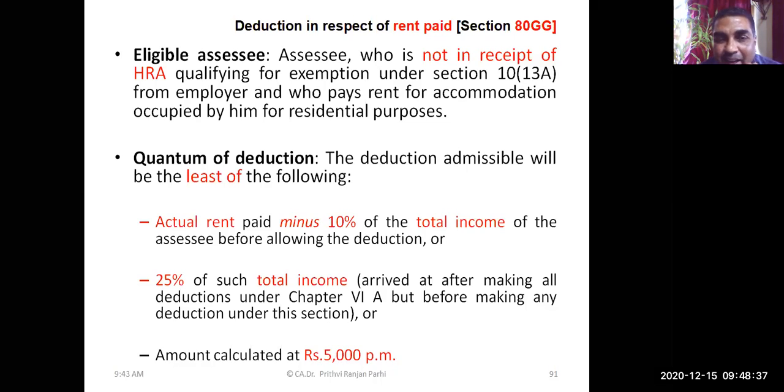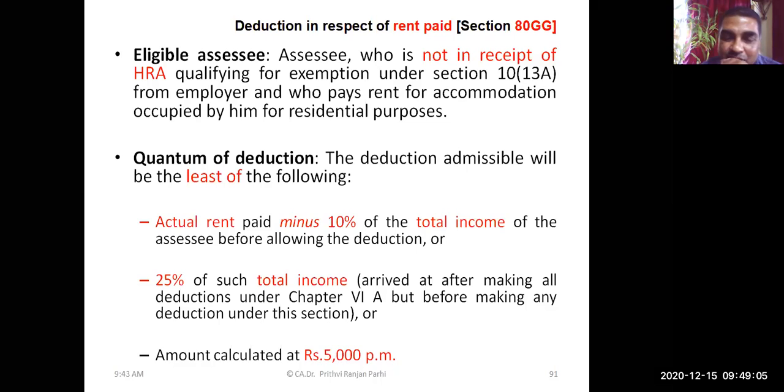So the first limit is actual rent paid over 10% of the total income. What is 10% of total income? 30,000. And what is actual rent paid? 1,20,000. Now, actual rent paid over 10% of the total income, how much? 90,000.